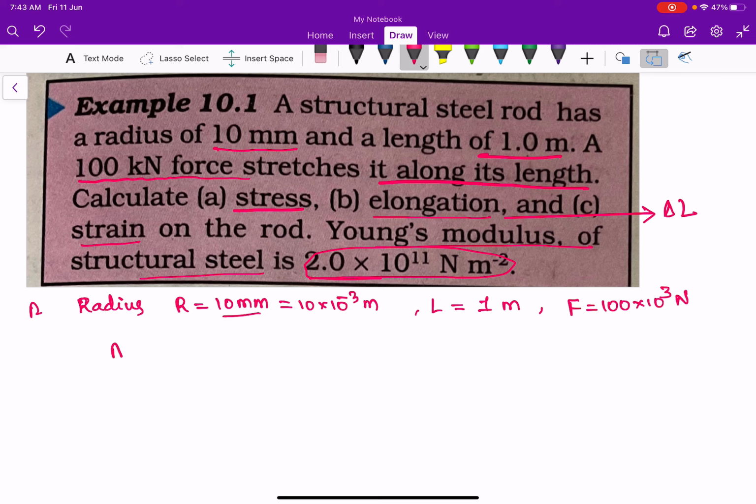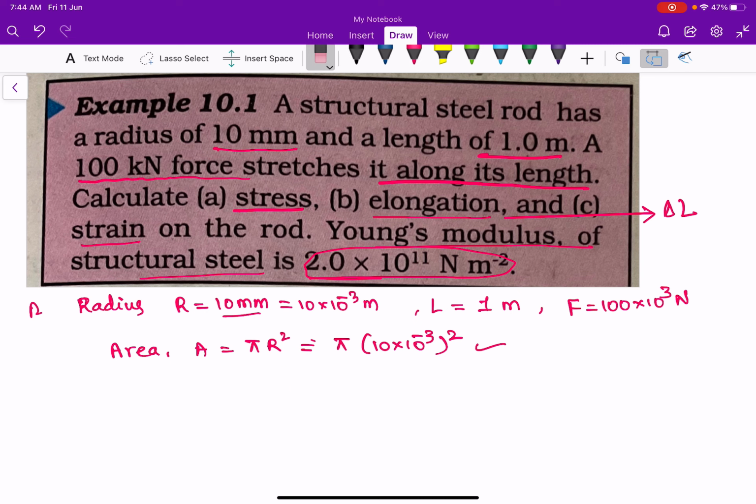So here radius is given, we need to find out the area. Area A is equal to pi r square, so pi into 10 into 10 to the power of minus 3 whole square. So we will get the area value.